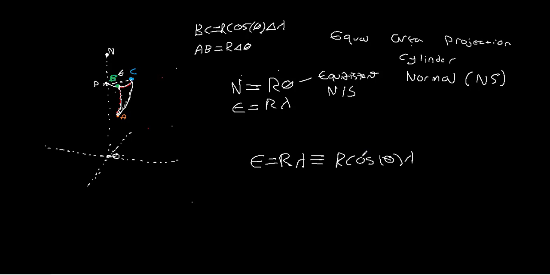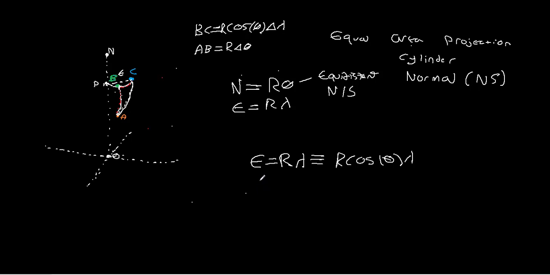So what we can do to fix that problem is introduce this idea of cosine latitude into the northing, and then integrate that function. This is going to look a little weird, and if you don't understand what's happening, it's okay.